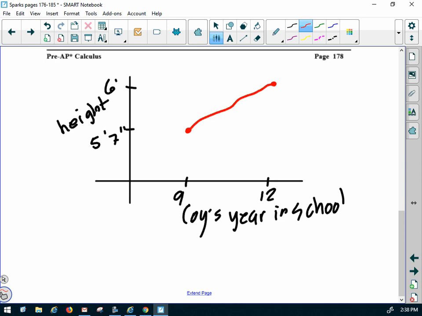Because age is what we call a continuous function. You never have to lift your pencil. The intermediate value theorem says, I know that at some point he was 5'10", but I don't know when it was. The intermediate value theorem is what we call an existence theorem. I know it happened, I just don't know when.